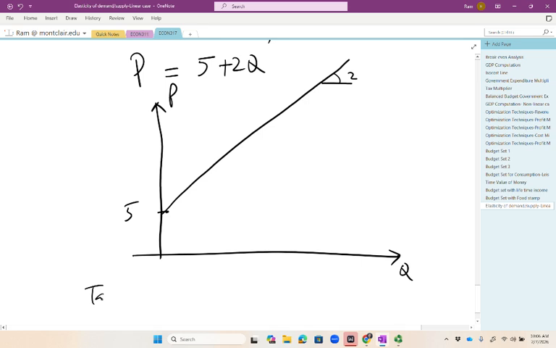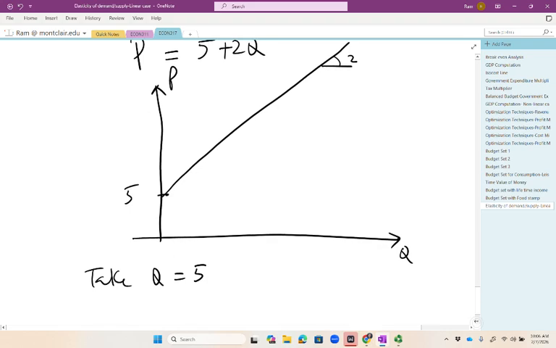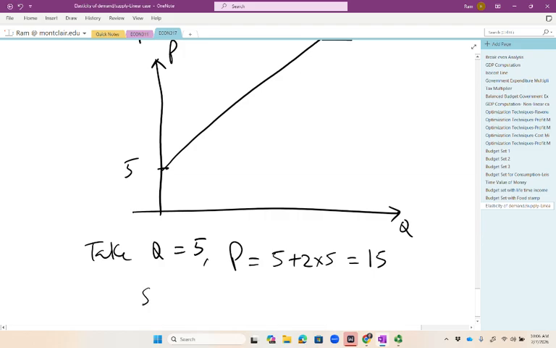So take Q to be 5. Let's see how we compute the elasticity. When Q is 5, then P is 5 plus 2 times 5. 2 times 5 is 10, so I get 15. And the slope we have already seen of the inverse supply function is plus 2.